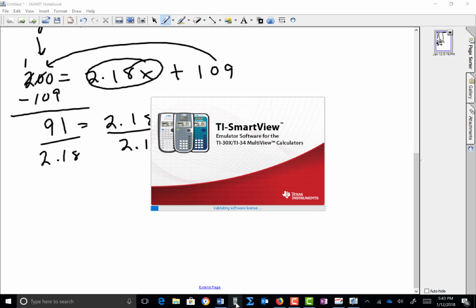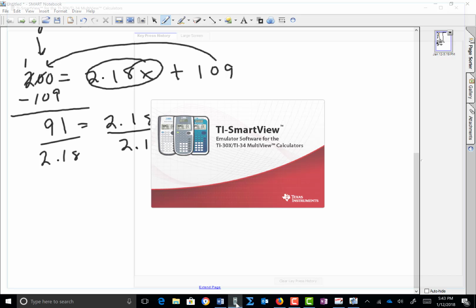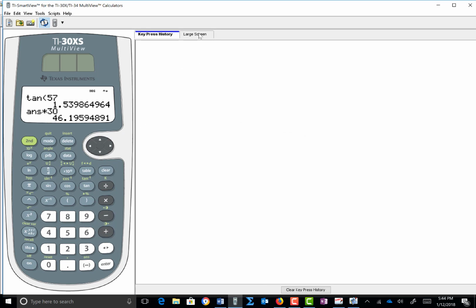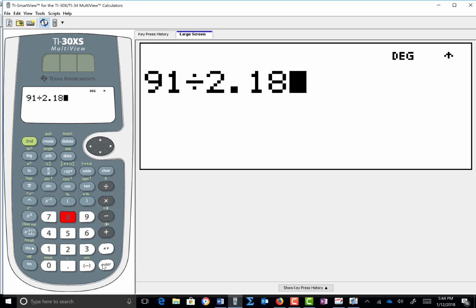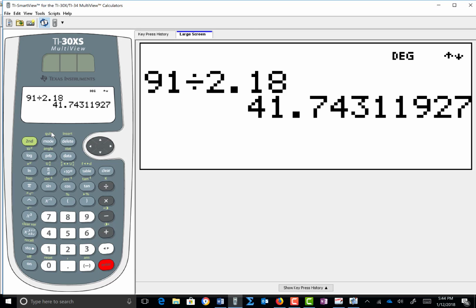So let's pull this calculator up. So 91 divided by 2.18. Enter. So roughly year 41.7, so year 42 if I rounded.